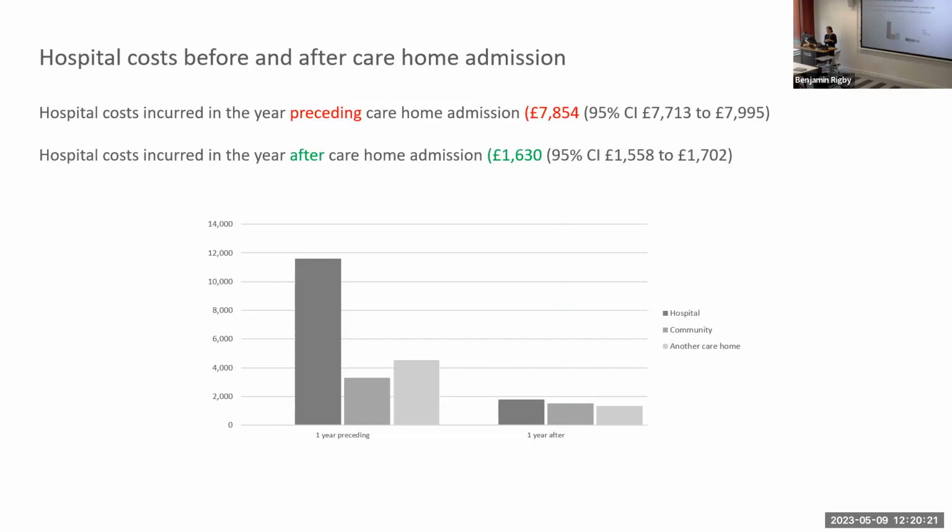There was quite a difference between the route of admission: people moving into care home from hospital obviously incurred costs that were significantly higher than those moving from the community.